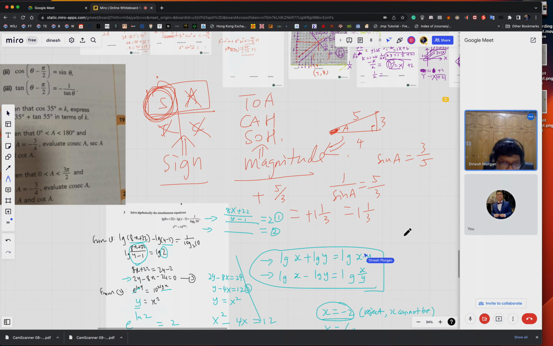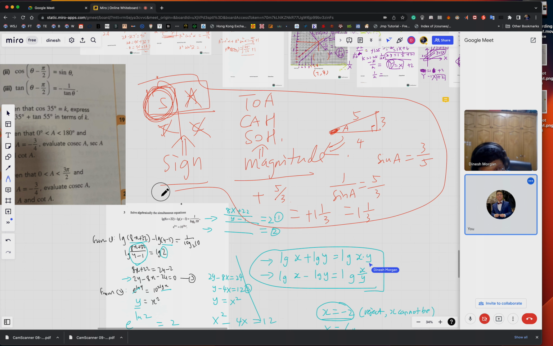So what I'm trying to tell you is, instead of using your approach, I love the simplicity of this approach. Because sometimes it's very confusing, like, why I get a negative, then why I get a positive. You remember the other time? So that's why, okay, the quadrant will take care of the sign.